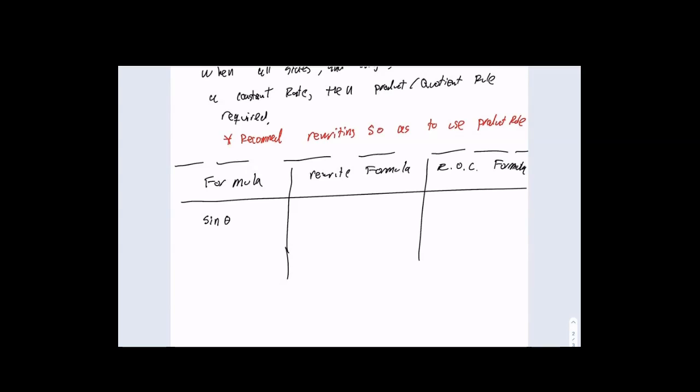Sine of theta equals y over z. You could take the derivative like this as is, and then you'd need to use the product rule or the quotient rule. I'm not a fan of that, like I said, so I'm going to rewrite this as z times cosine of theta equals y. This is how I like to do it. It is not the only way to do it, but it's the way I'm going to be doing it in my notes and when I work with individuals, okay?